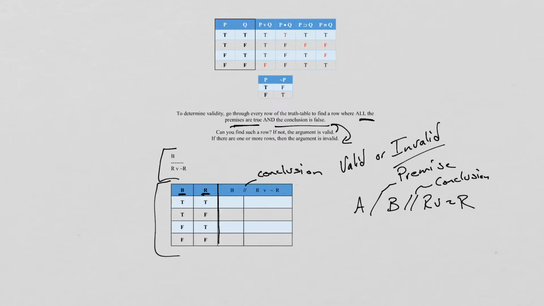Now what we're going to do is, for this one, copy some things down. Since we only have one simple proposition as our premise, we can just copy this down. So this is what B is, so I'm going to copy it over here.